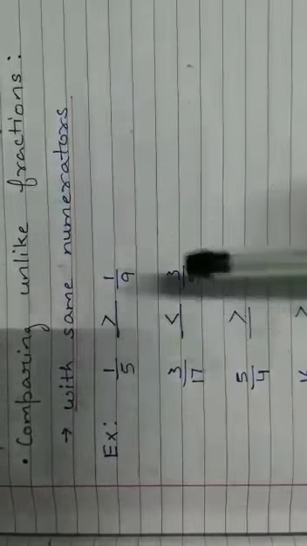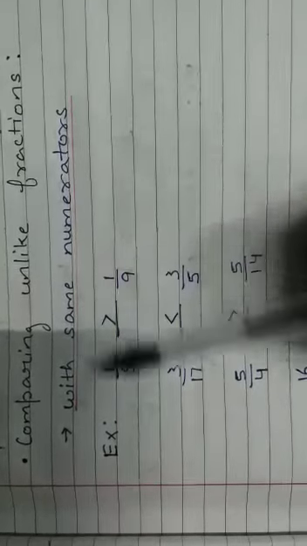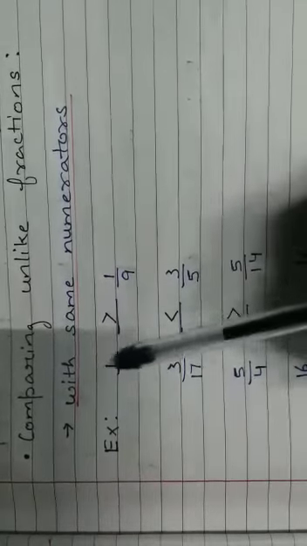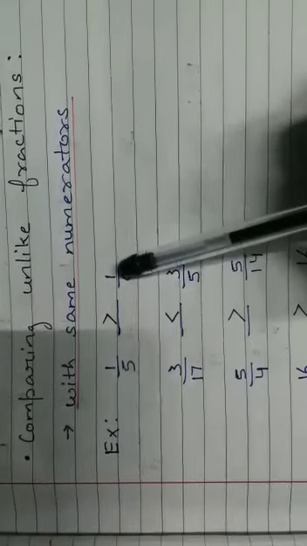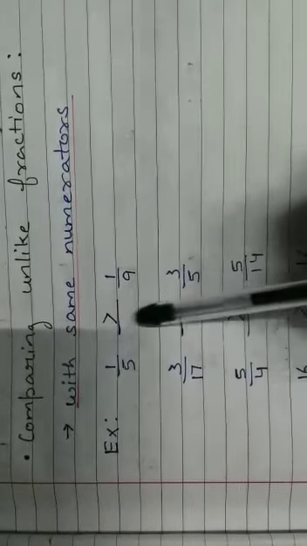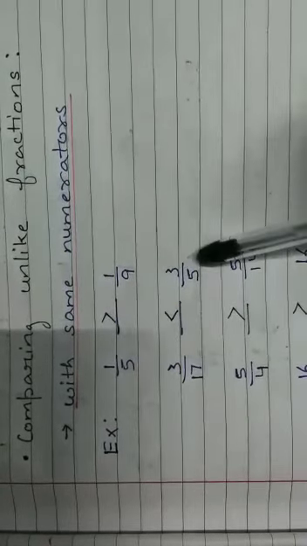Here you can see the numerators are the same, one here and one here, but the denominators are 5 and 9. Because 5 is less than 9, according to the rule, 1 upon 5 is greater than 1 upon 9.